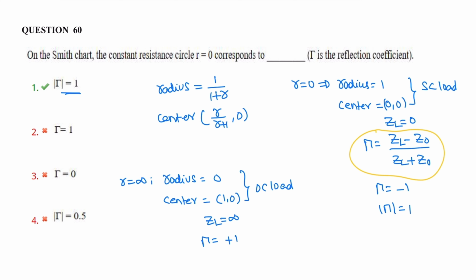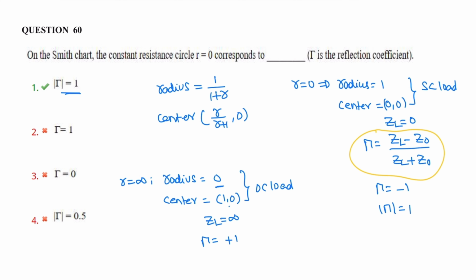On a Smith chart, reflection coefficient of 0 is represented by the center of the chart, and reflection coefficient of plus 1 is represented by the outer circle. For open circuit load, the circle degenerates to a single point because radius is 0. The circle degenerates to a single point centered at 1 comma 0, with a radius of 0, at which the entire incident wave is reflected totally.